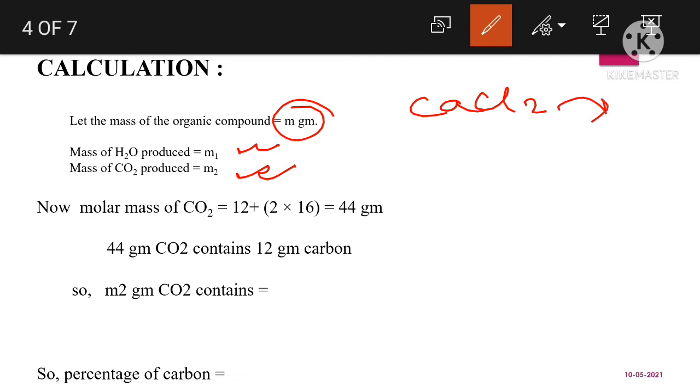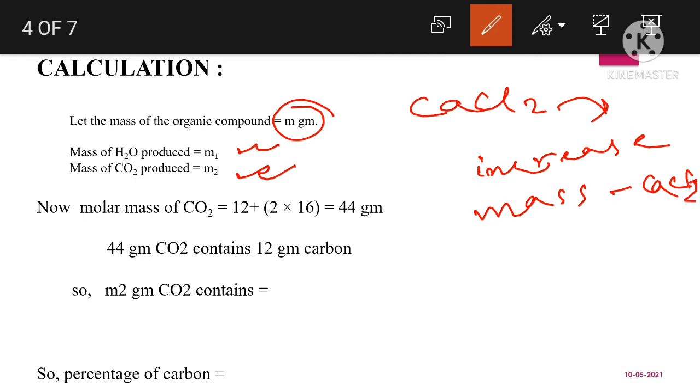So the increased mass minus the previously weighed calcium chloride mass will give you the amount of water produced, which is m1. And the mass of carbon dioxide produced is m2.